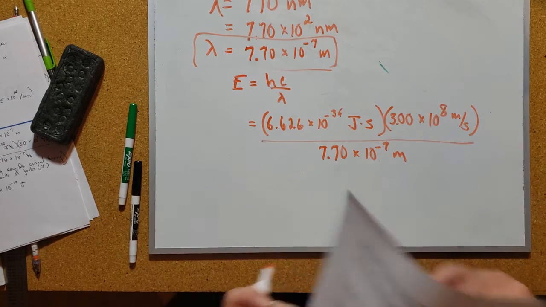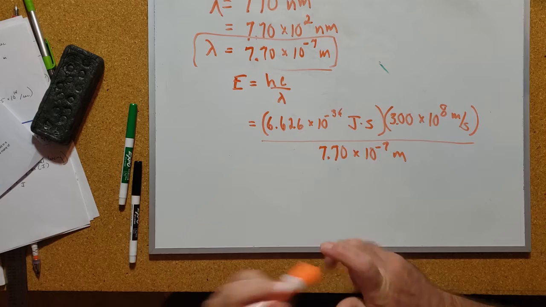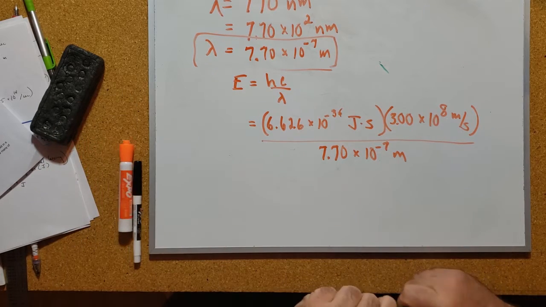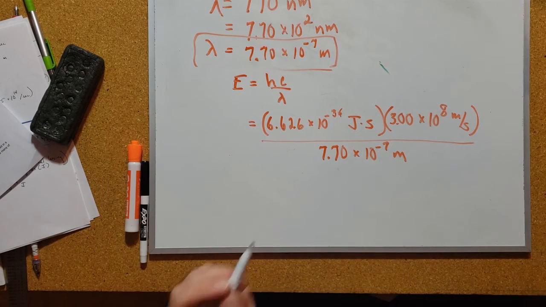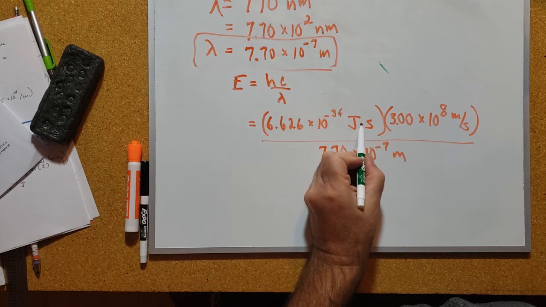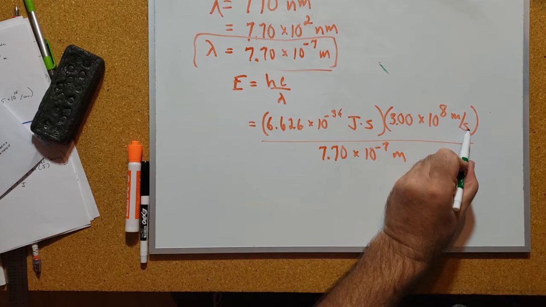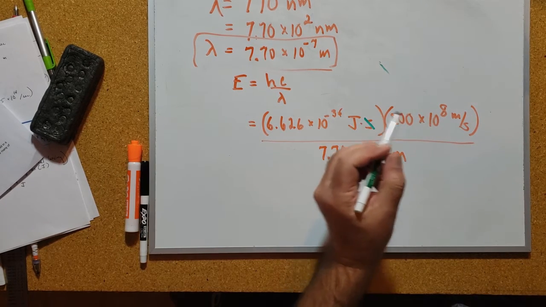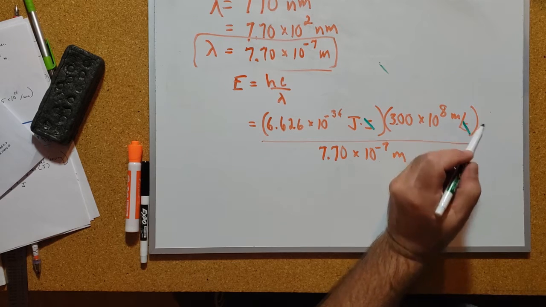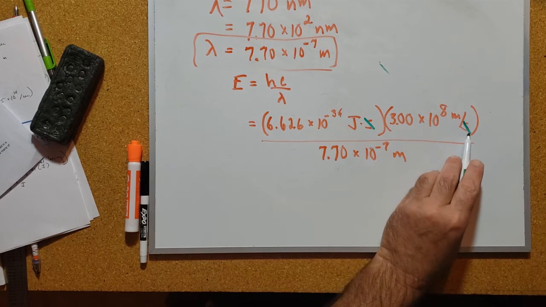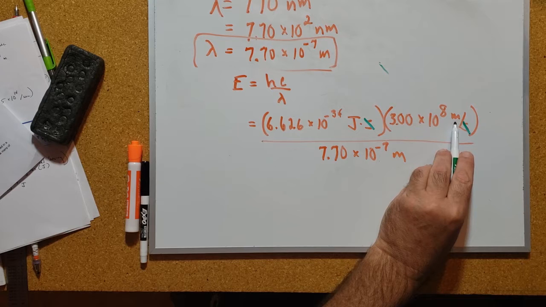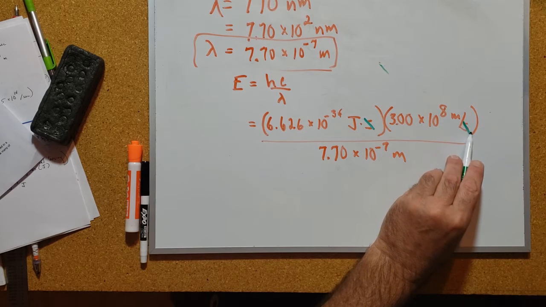Now let's very closely take a look at the units, because this is really where you'll make or break your calculations. I have a seconds here and a per second here. Seconds on top cancel with seconds on bottom over here. Now notice the speed was given in meters per second.